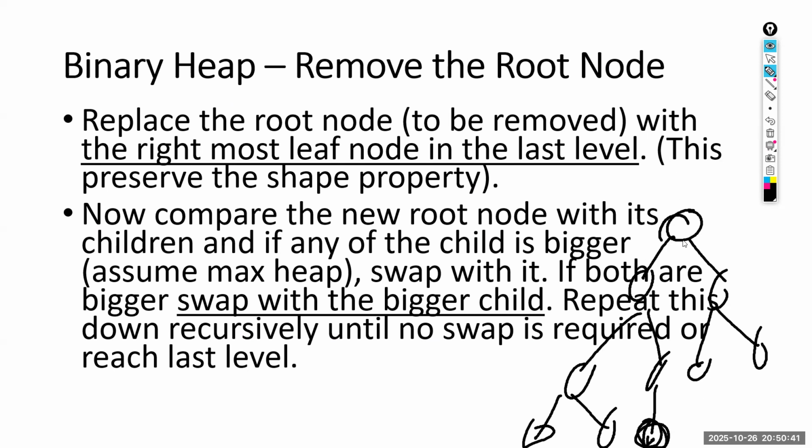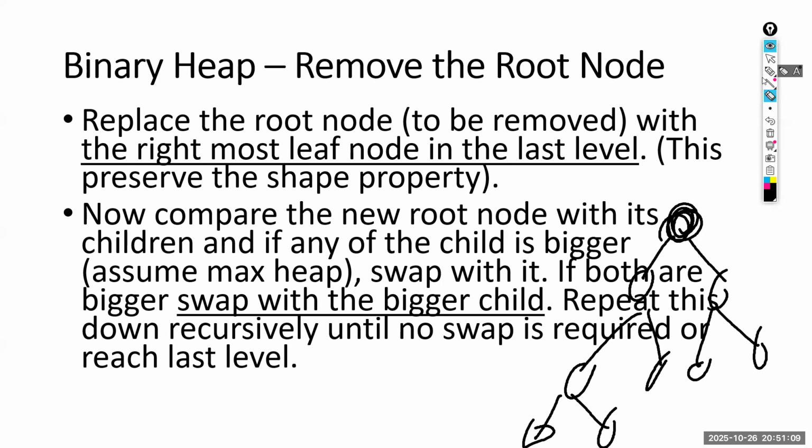This will be here now. Why do we do it like that? Why do you want to replace it with this last level rightmost node? Because everything has a logic. So that is to preserve the shape property.